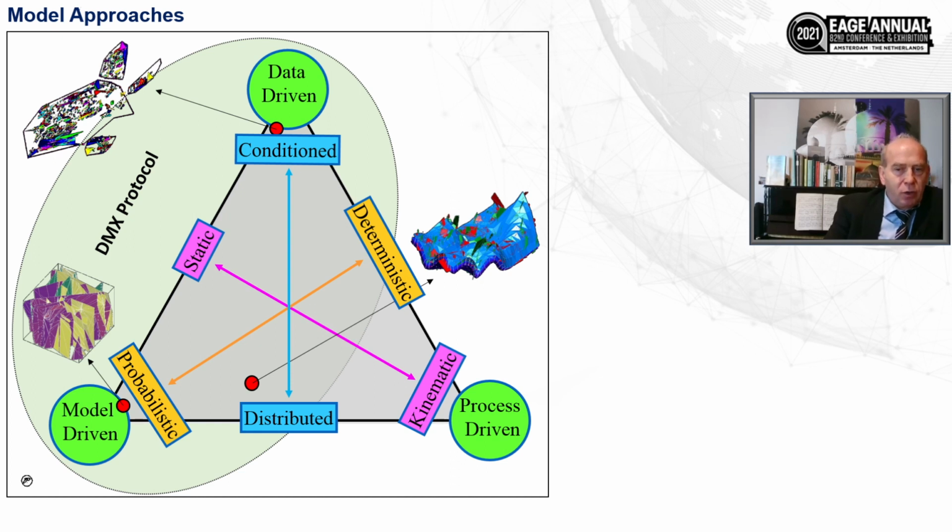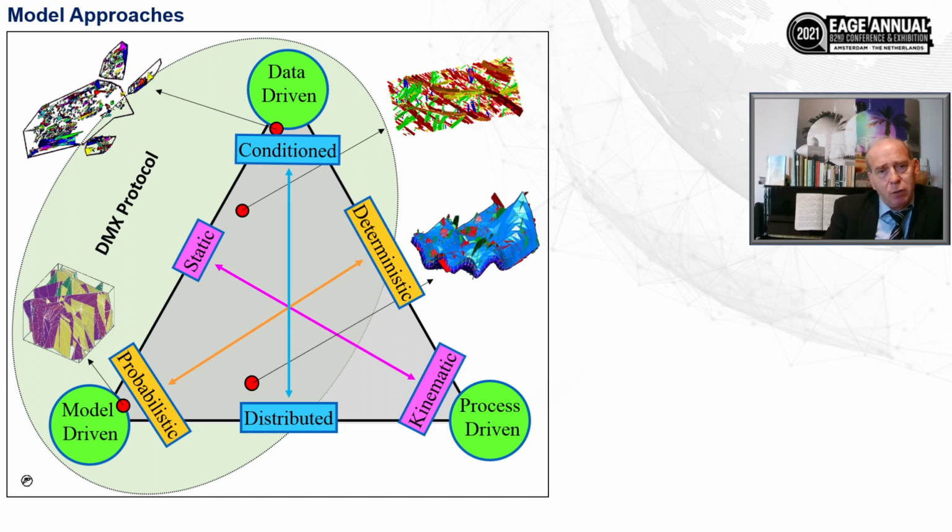The example we are going to discuss today is a combination of data and model-driven approaches, whereby we generate the fracture network using the data observed as seeds and filling the rest of the space with fractures following the statistical distributions as have been observed in the dataset.